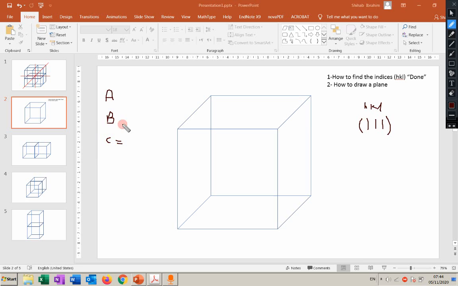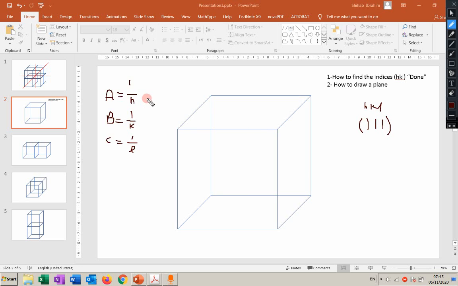A is going to be 1 over H, B is going to be 1 over K, and C will be 1 over L. So you have the Miller indices H, K, L, you find the intercepts A, B, C, then you draw the plane.